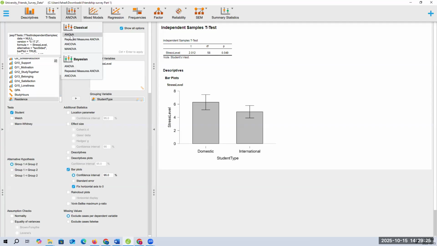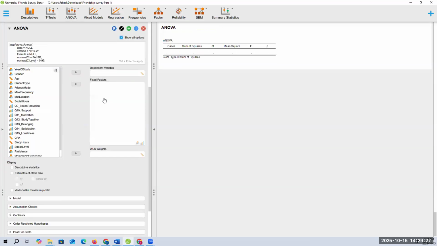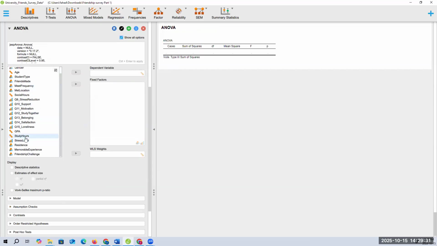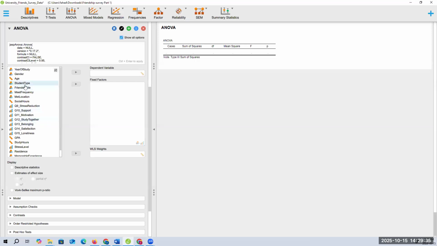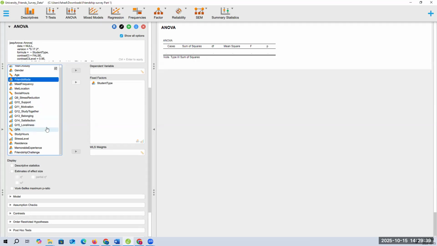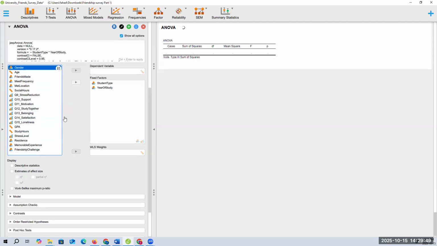ANOVA here, and I would put student type as a fixed factor, and I could put residence, and year of study would be another.